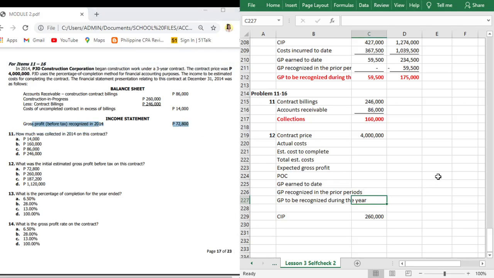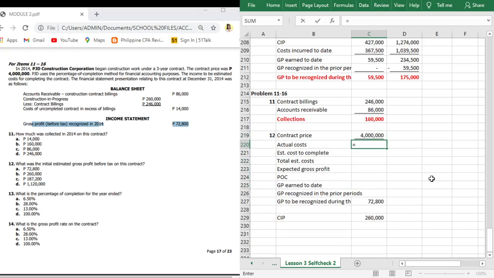So, here it is, 72,800. Now, if the CIP is 260, the gross profit is 72,800. So, that means our actual cost is 260 minus 72,800, that is 187,200. Okay? So, next, what is next here?